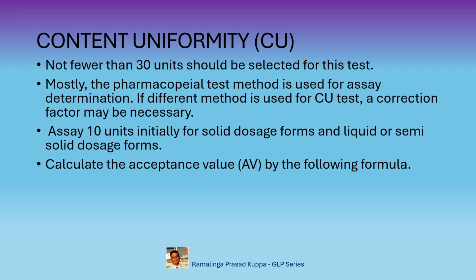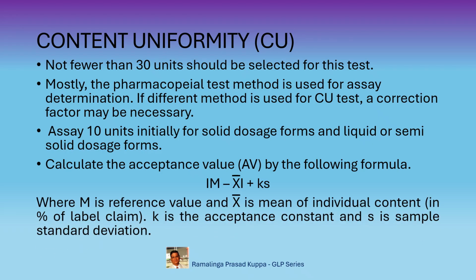Calculate the acceptance value by the following formula: M minus X bar plus ks, where M is the reference value, X bar is the mean of individual content in percentage of the label claim, k is the acceptance constant, and s is the sample standard deviation.